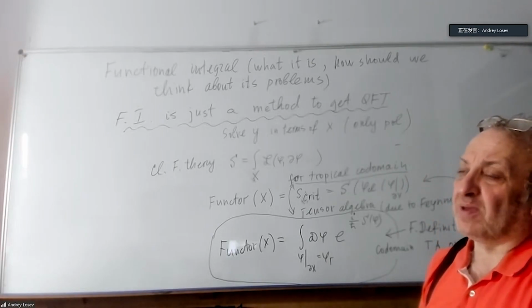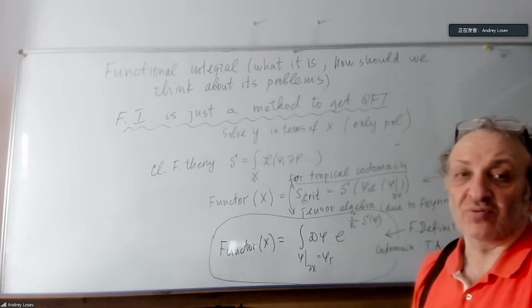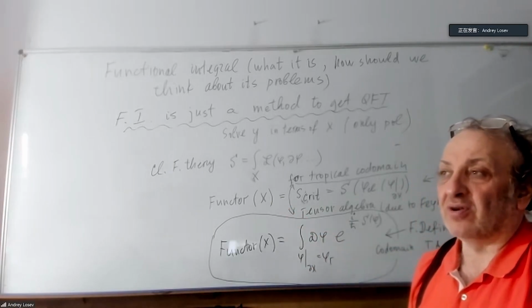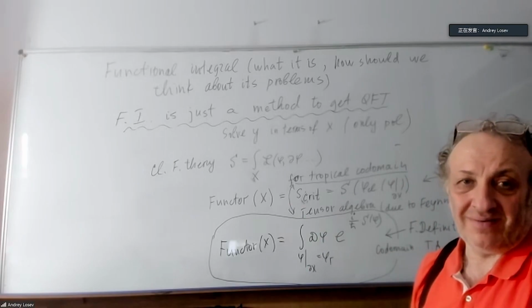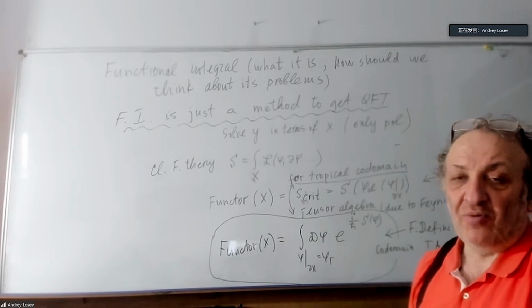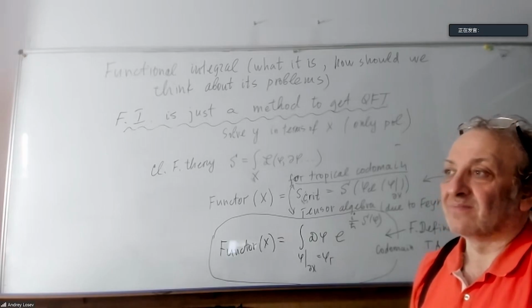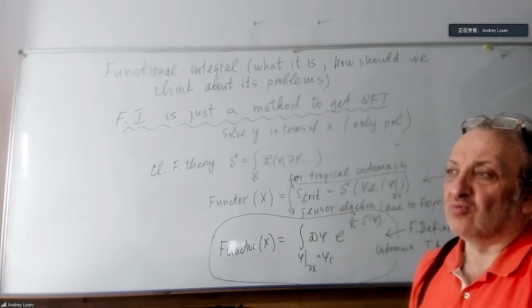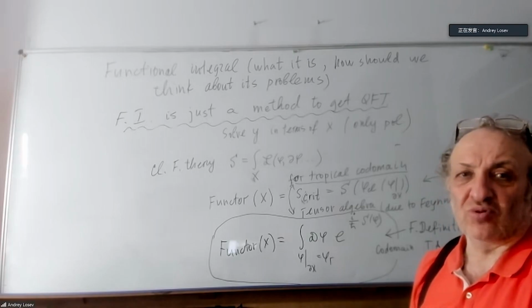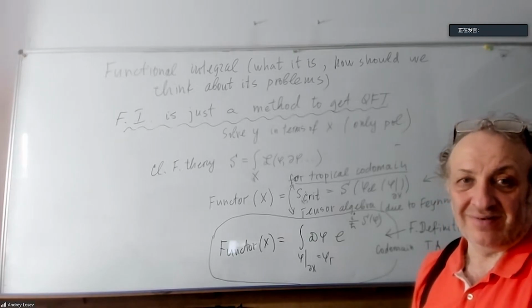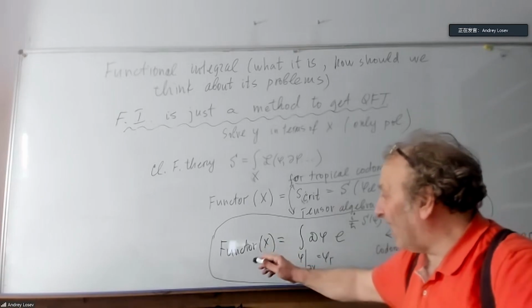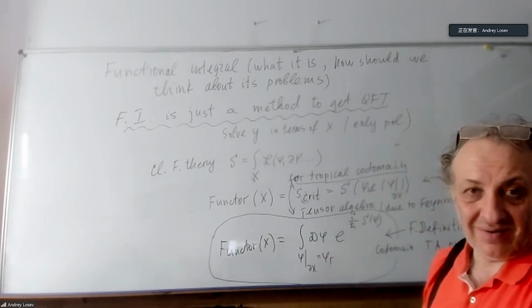So there are other people who like this functor approach. Among them, Nikolai Reshetikhin. Among them, Graeme Segal. Among them, Greg Moore. But even Greg Moore, in his recent lectures, is calling the functor a functional integral.